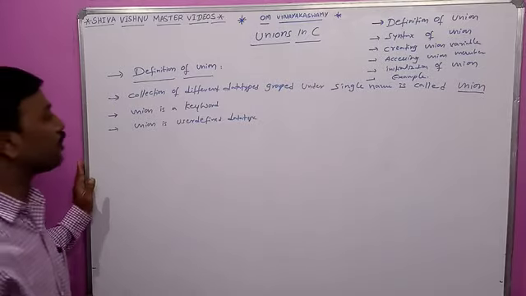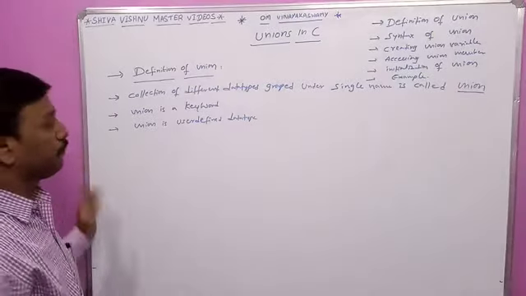Union is a keyword. Union is a user defined data type.